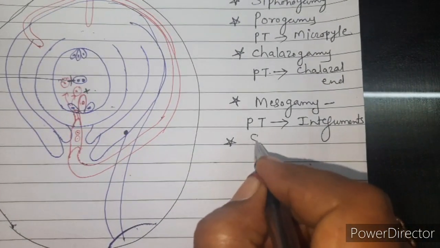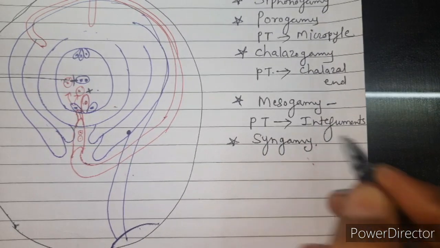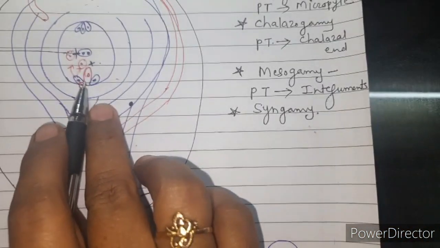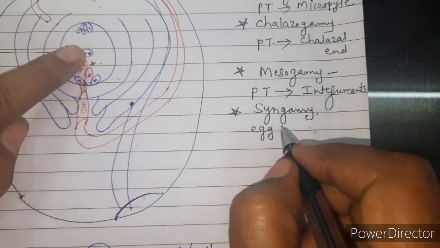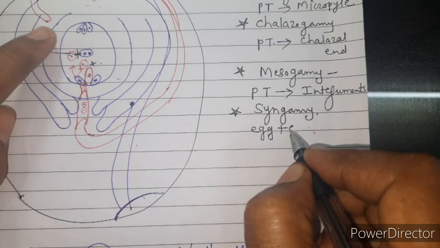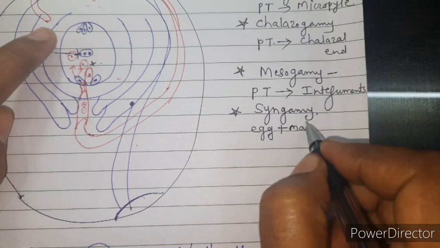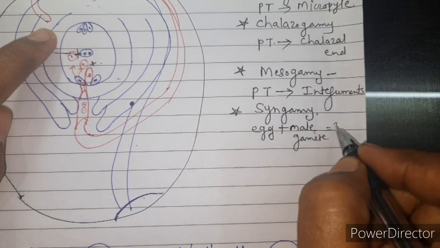Next, most important, what is syngamy? Just now I have told you that the egg of the ovule fuses with one male gamete and there is formation of the zygote.